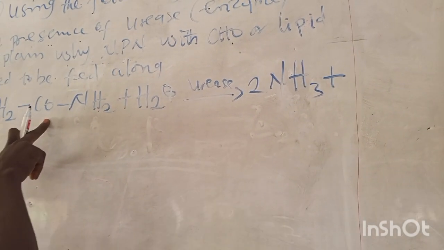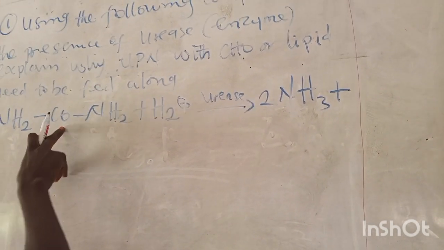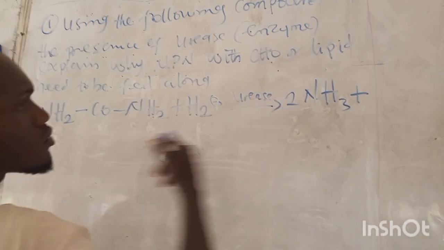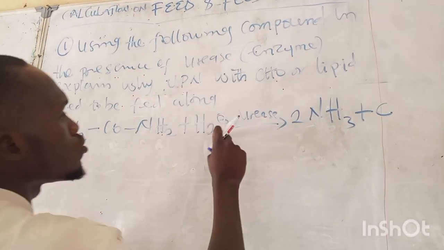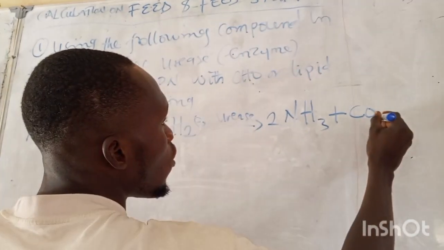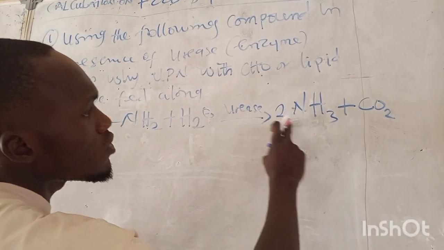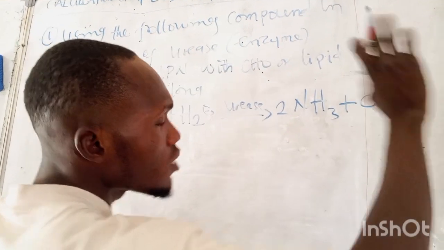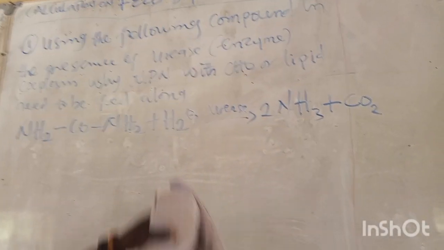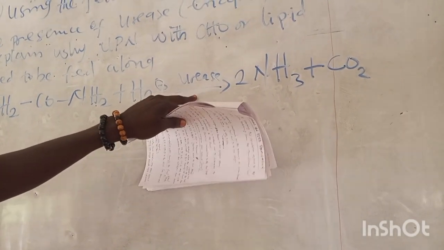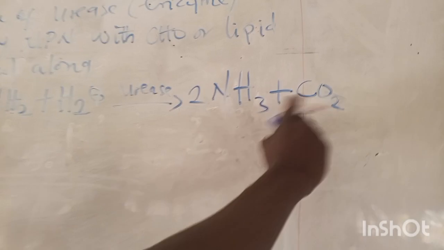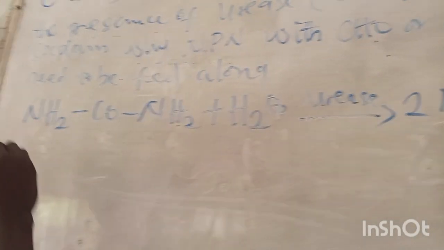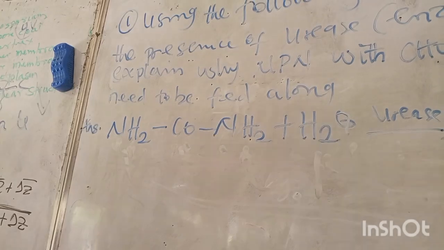We are having 1 carbon. So you present your carbon somewhere here. And how many oxygen do you have? 1, 2. So you're having 2 oxygen. So we are having ammonia plus carbon dioxide. That is the reaction, where urease is an enzyme that catalyzes this particular reaction. So this is the answer to this particular question.